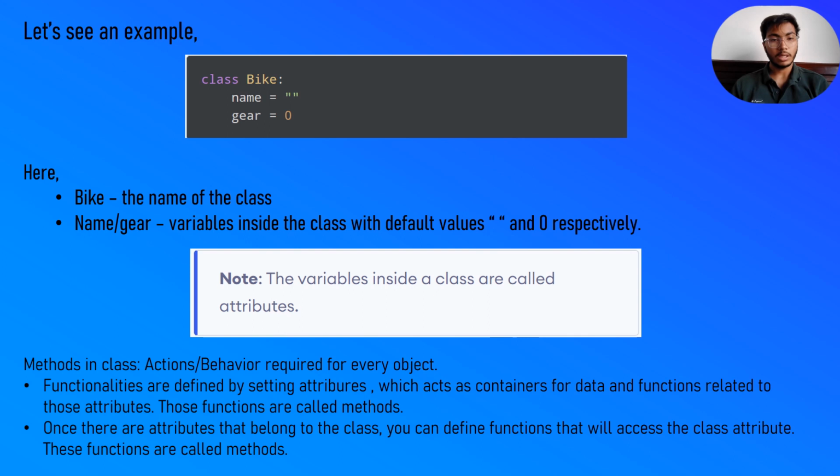Methods in a class are the actions or behavior required for every object. Functionalities are defined by setting attributes, which act as containers for data, and functions related to those attributes. Once there are attributes that belong to the class, you can define functions that will access the class attributes. These functions are called methods.